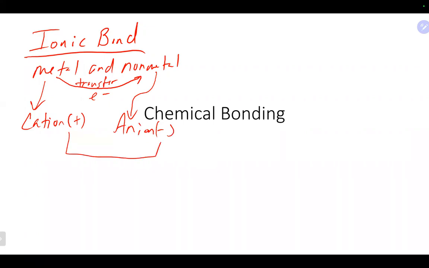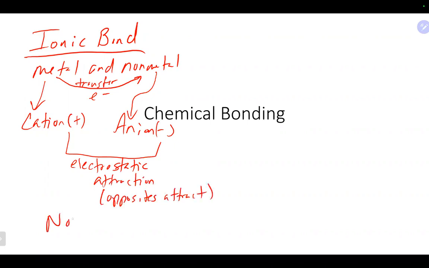So it's really important to remember, in an ionic bond, there's absolutely no sharing of electrons happening here. It is held together by this electrostatic attraction. Basically, opposites attract. No sharing of electrons.